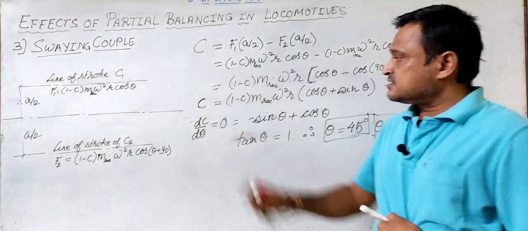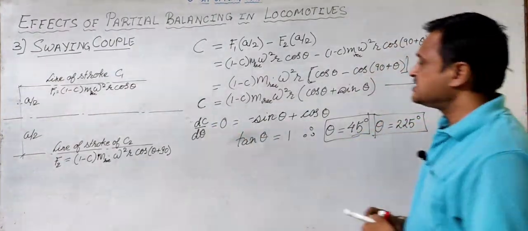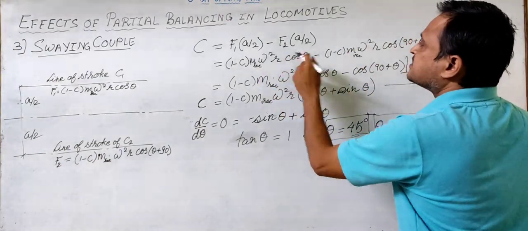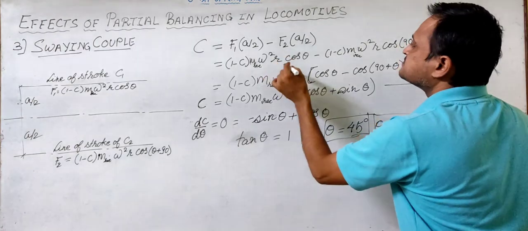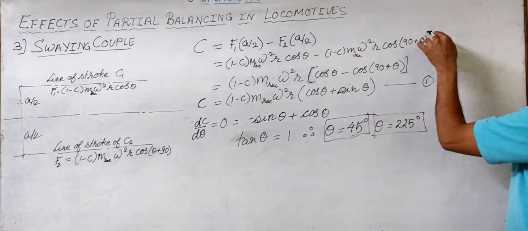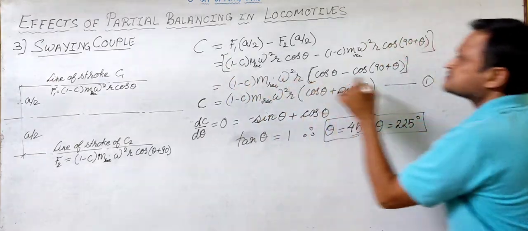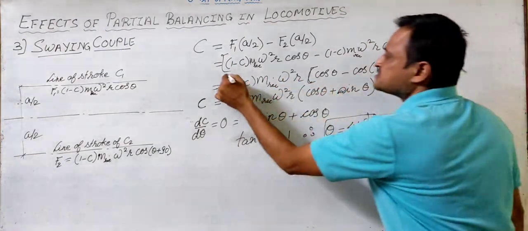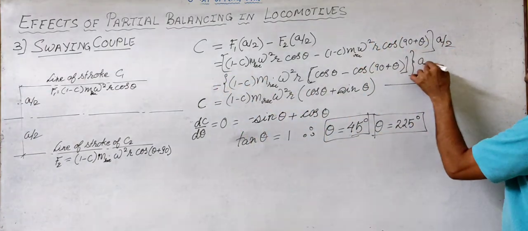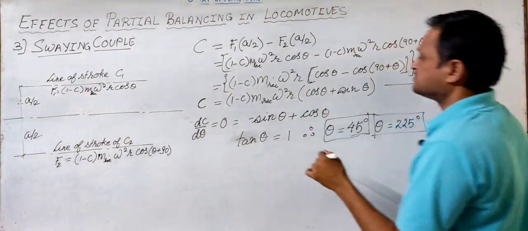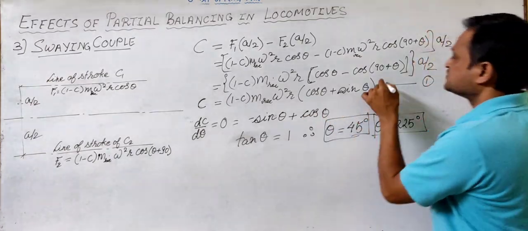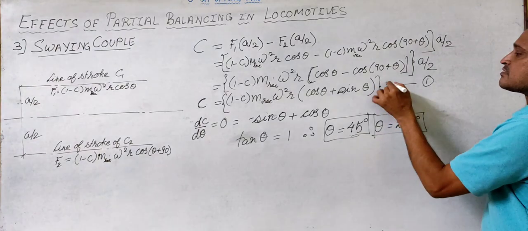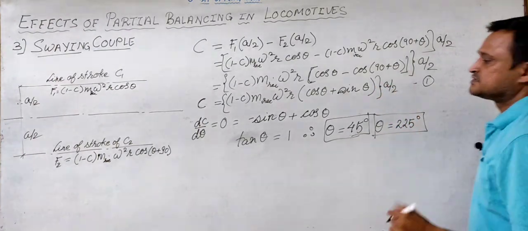So at these values of theta we will get C. Oh, I have missed a by 2. This entire equation is the couple, so we were making a blunder here; it will be multiplied by a by 2.